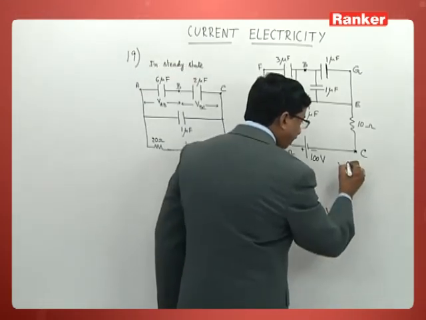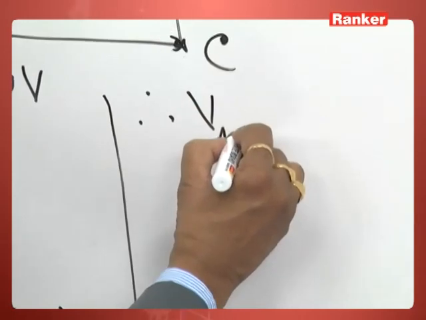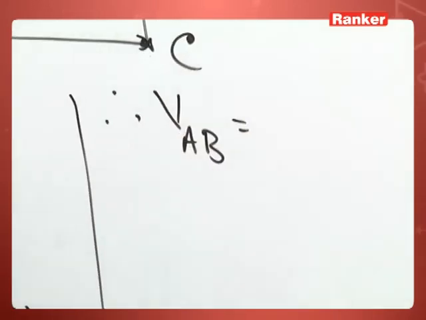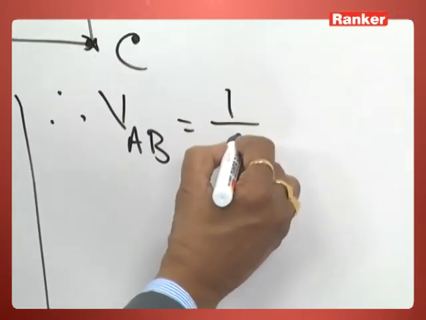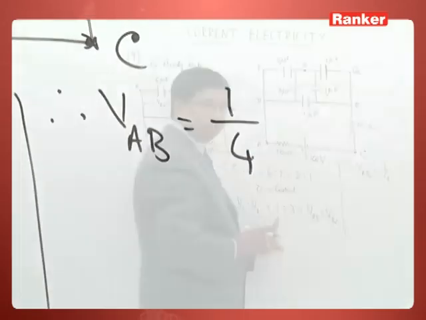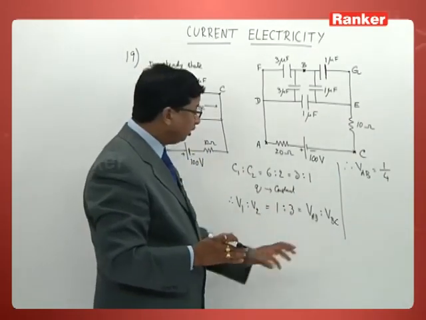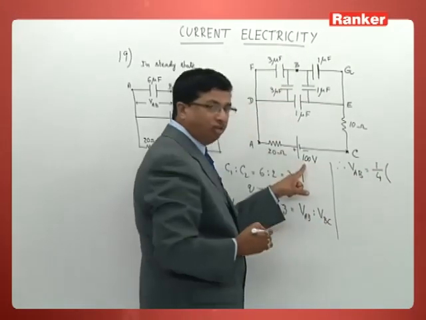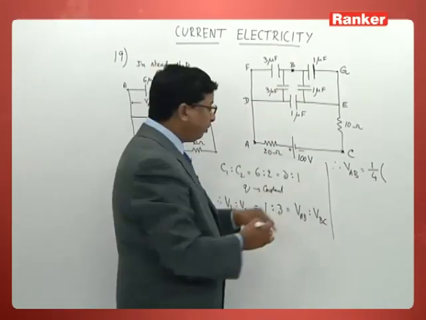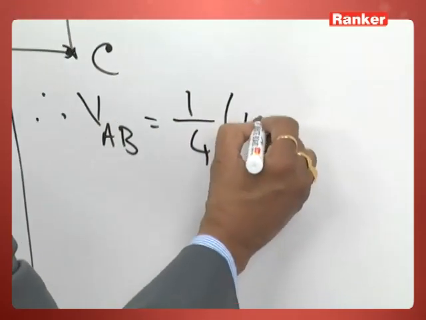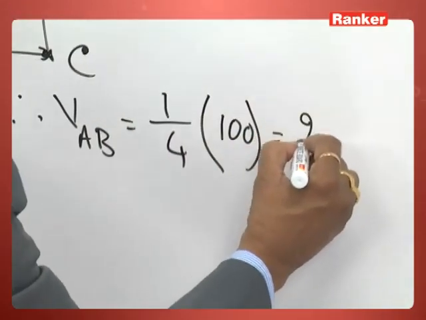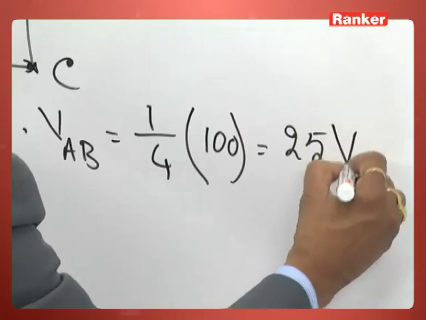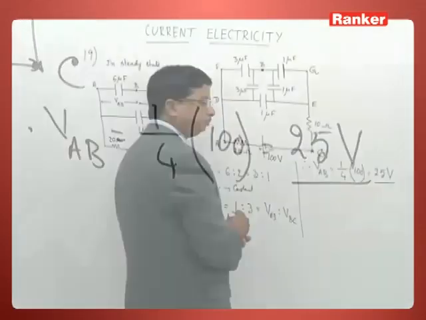So what can I write now directly? Therefore, directly VAB is equal to 1 part out of 4 parts. That means 1 out of 4 means what? 1/4 of what? The applied voltage. What is the applied voltage over here? It is 100. So 1/4 of 100 must be 25 volt.